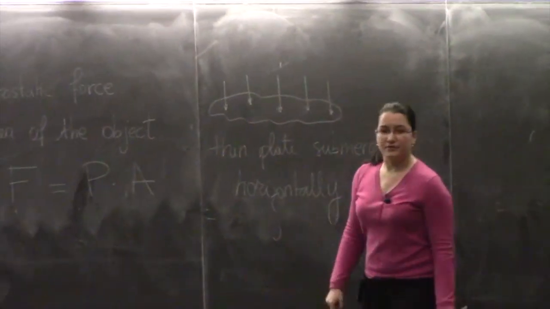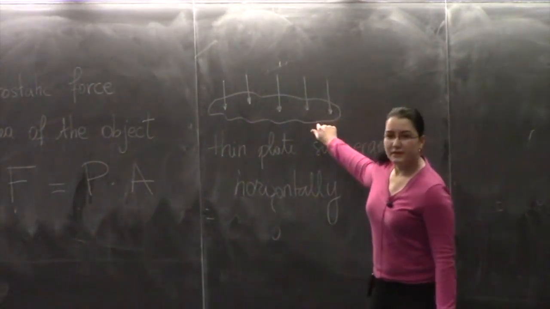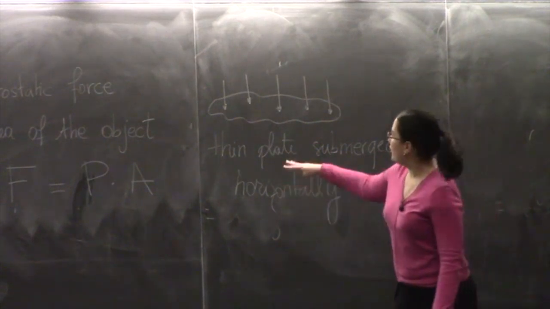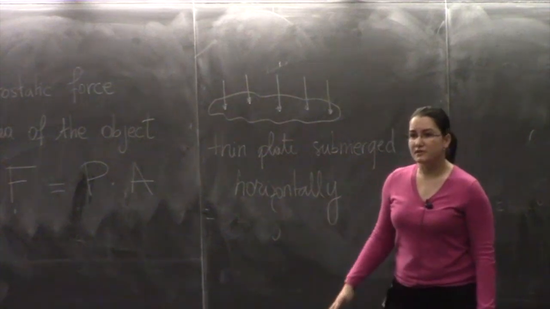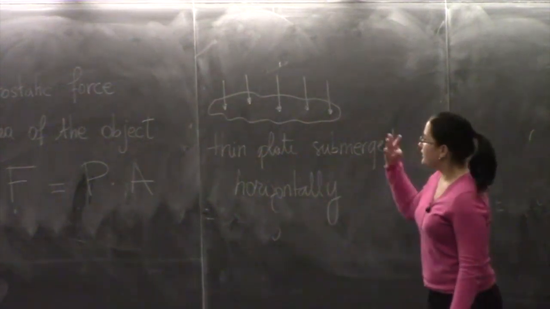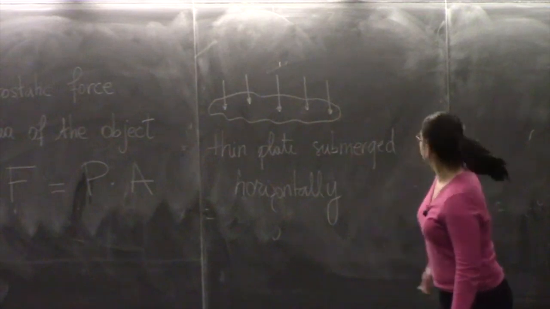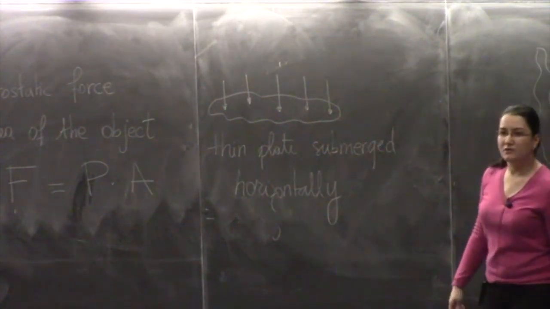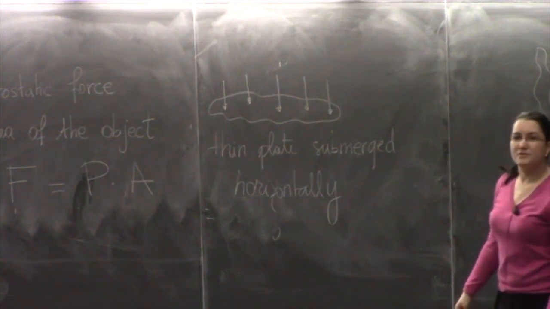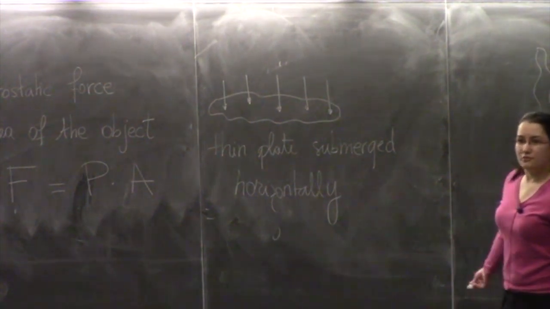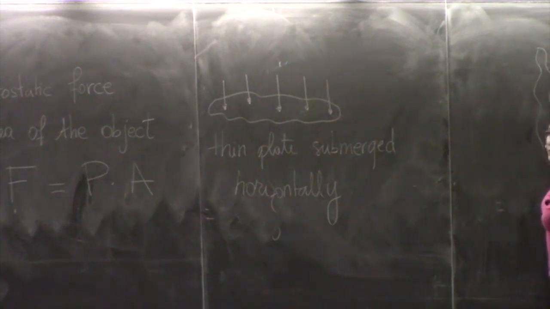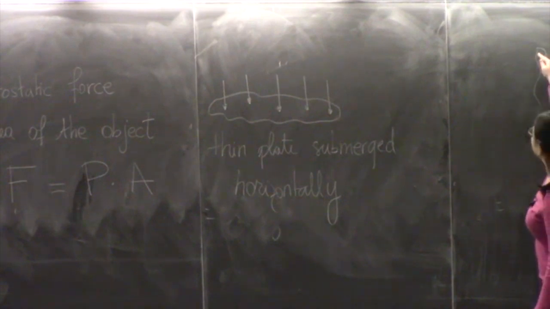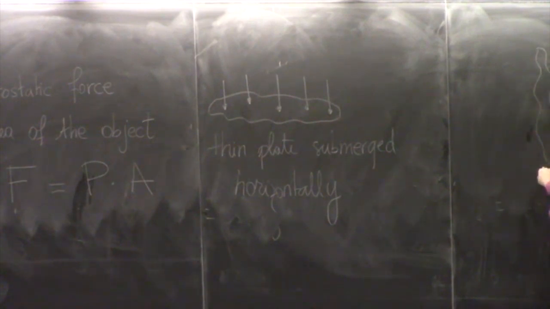Now, in most applications that we will do, this will not be the case, so we will not be computing the pressure on the bottom of something or on a thin plate submerged horizontally. We will be computing the hydrostatic force of the water which hits against a dam, something submerged vertically or tilted. Because not all points sit at the same depth, the pressure is going to be very different along the object.